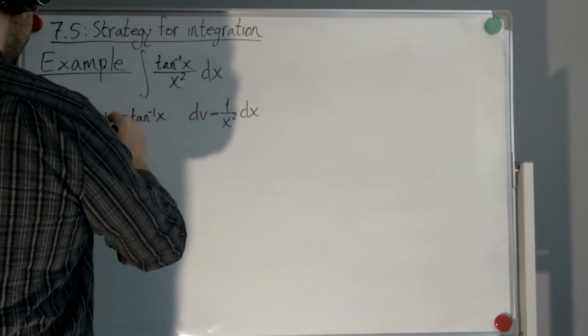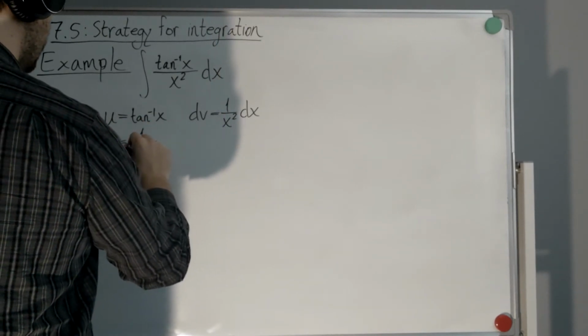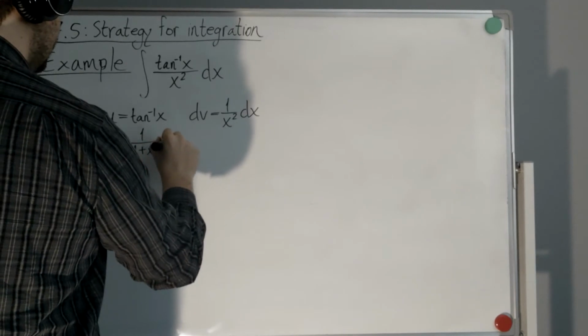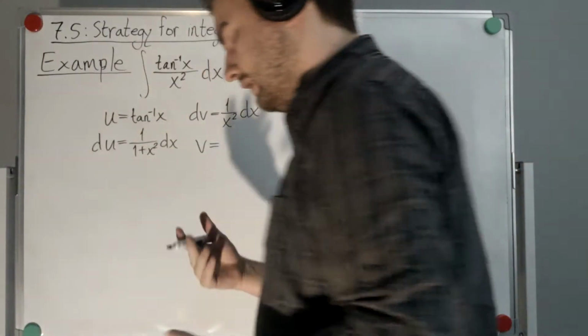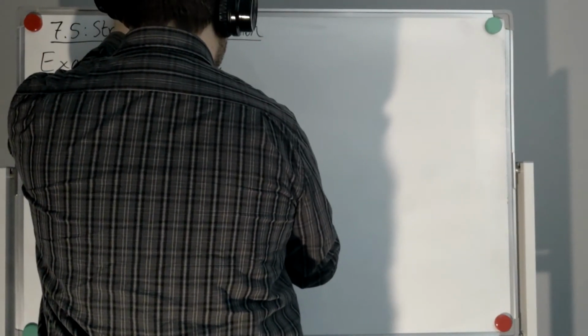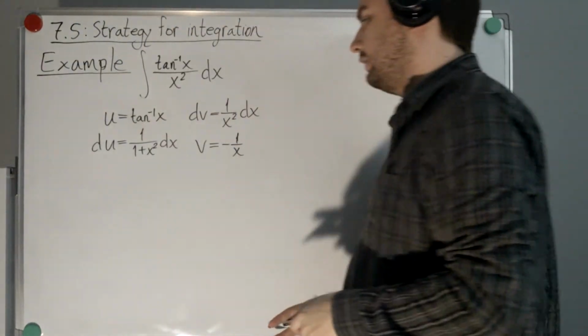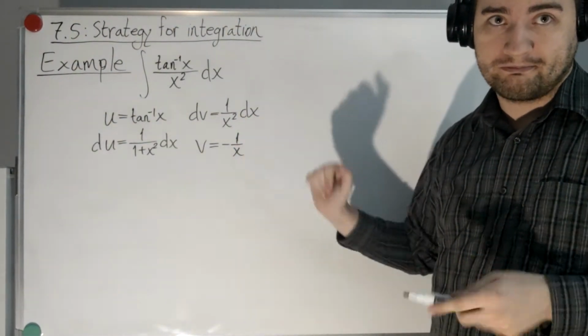Now from here, du is going to be 1 over 1 plus x squared dx, and v is going to be, what is this, negative 1 over x? Yeah, that's just the power rule because this is actually x to the negative 2.